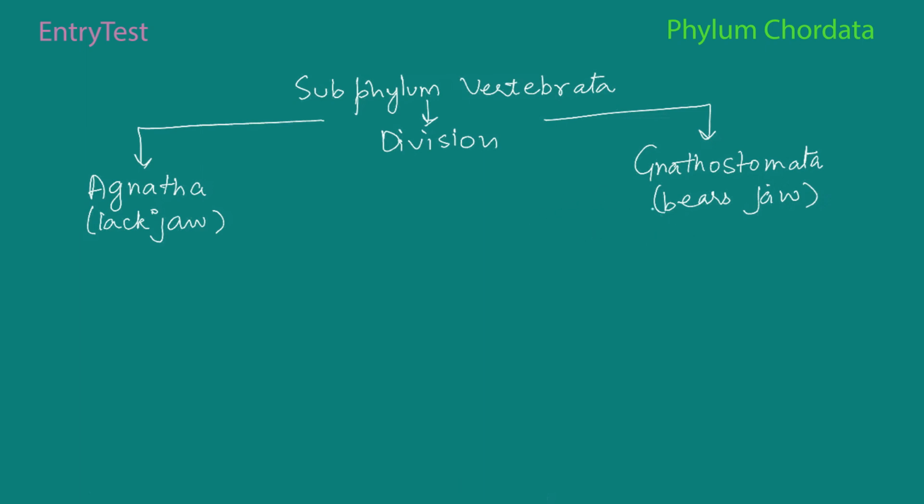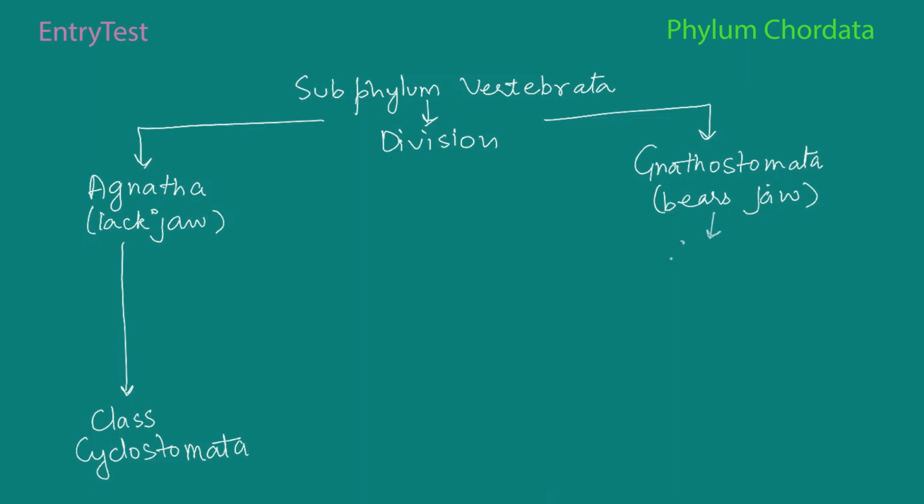Now further they are divided into different classes. So Agnatha is further divided into only one class, which is class Cyclostomata. Gnathostomata is further divided into 2 superclasses.